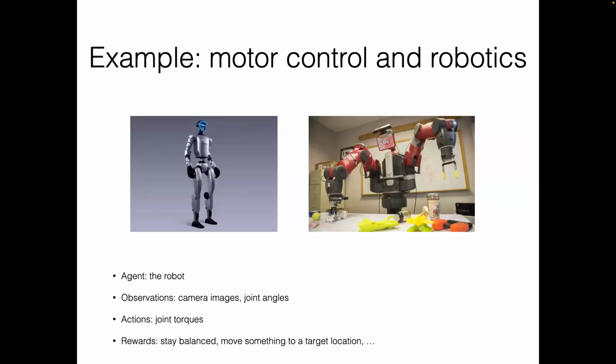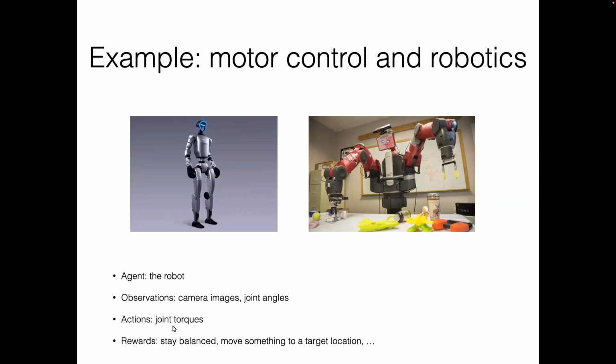Another common place to use reinforcement learning, I'm not really giving specific examples here, is in motor control or robotics. So here, broadly speaking, your agent would be the robot. The observations could be a variety of things. It could be camera images. It could be the specific angles of the joints in the robot, things like that.